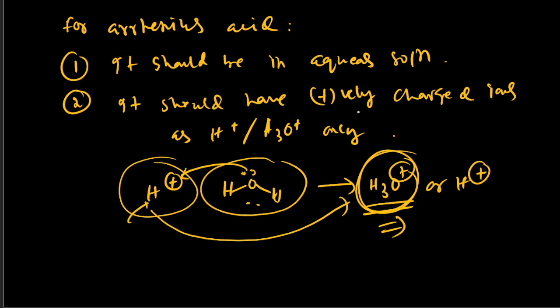So it should have positively charged ions as H plus or H3O plus only. If these two conditions are satisfied, then that is known as an Arrhenius acid. Otherwise, it is not an Arrhenius acid. It may be a salt or it may not be an acid.